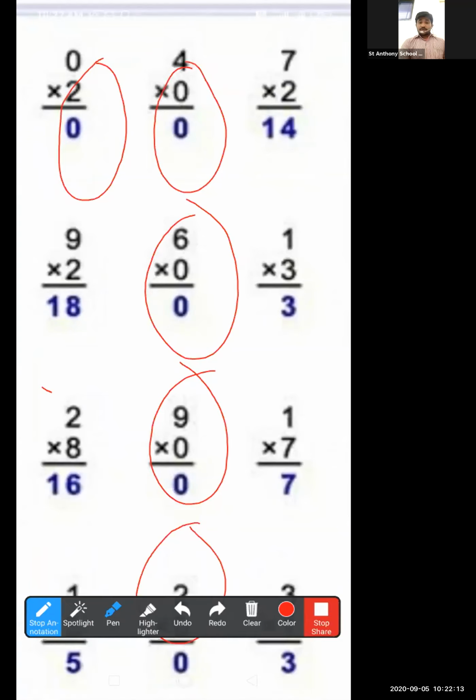See, this first sum is 0 multiplied by 2, or 0 into 2. This sum is 4 into 0. This sum is 6 into 0. Answer is 0.